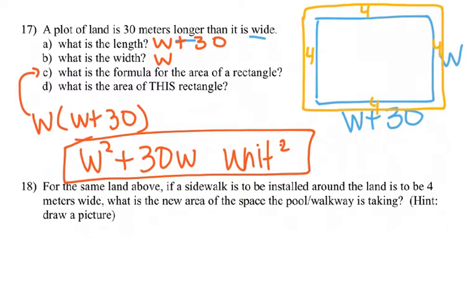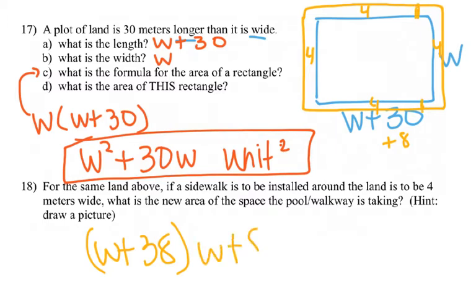Whatever it is. So if you look at how long it is, instead of being W plus 30 that the blue is, I'm going to add another 8 to that. So it's going to be W plus 38. And on the width, instead of being W, it's going to be W plus 8. So that's what my new area is going to be.